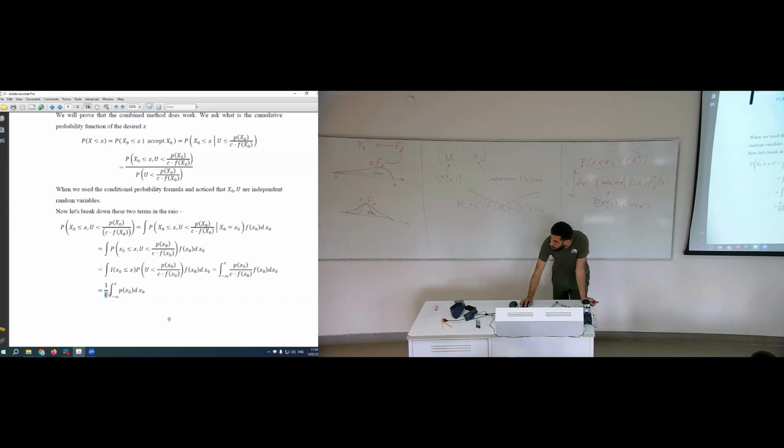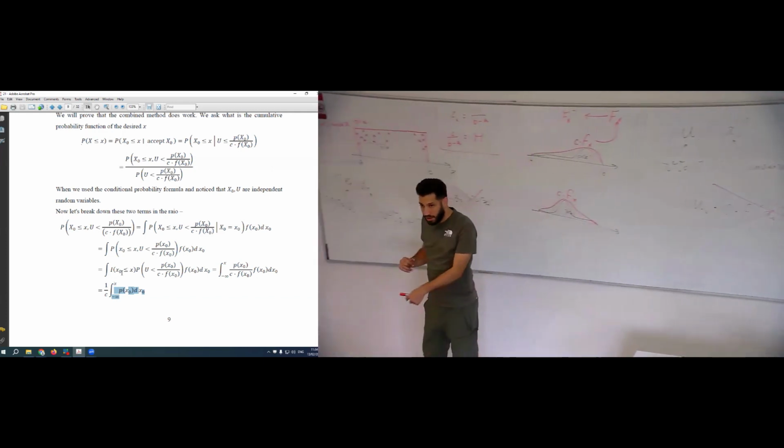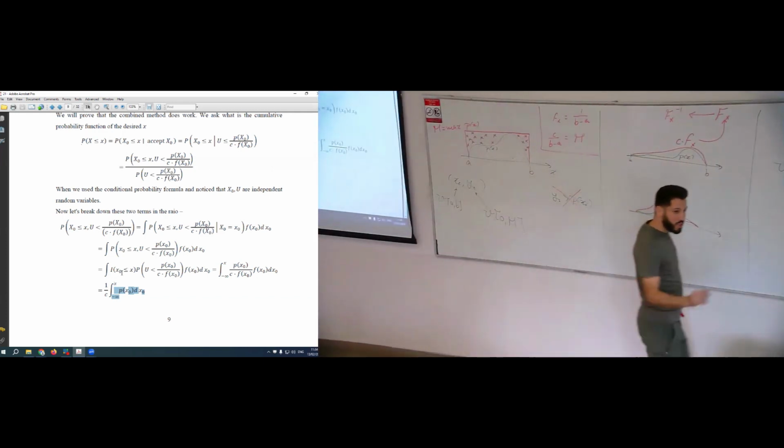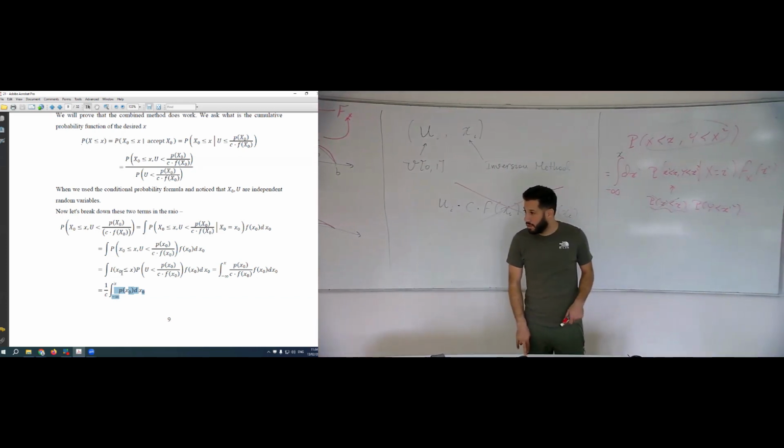And we are left with 1 over c. So this divided by 1 over c is this integral. And then, therefore, we prove that p of x smaller than x is this integral, which is f of x. Okay, so using this method of rejection, we are left with x that is distributed with the distribution that we want.